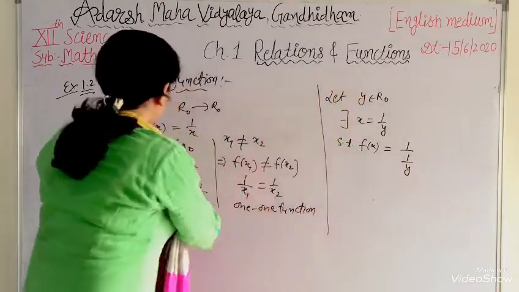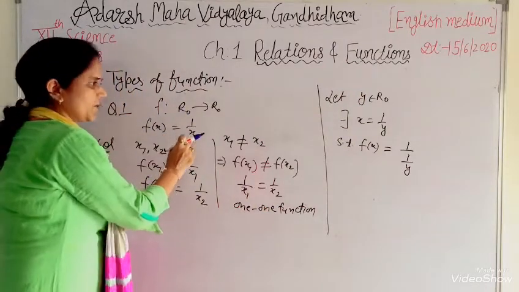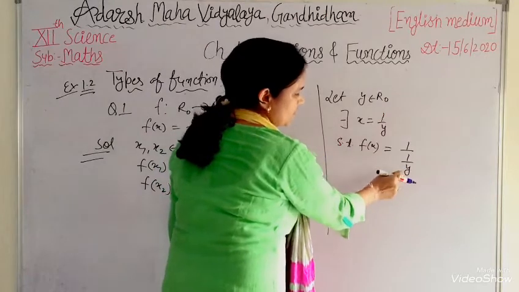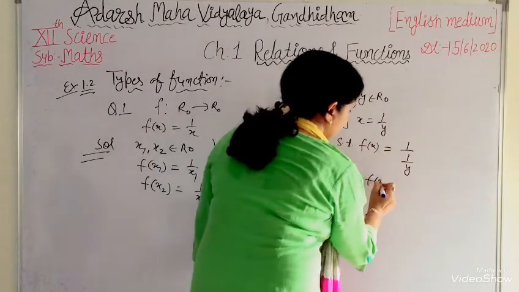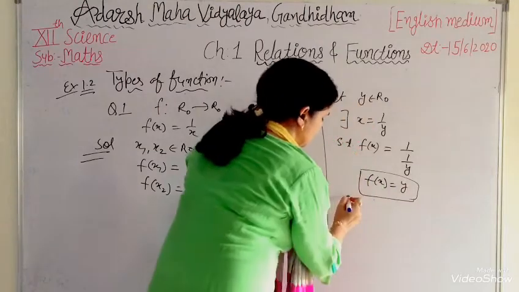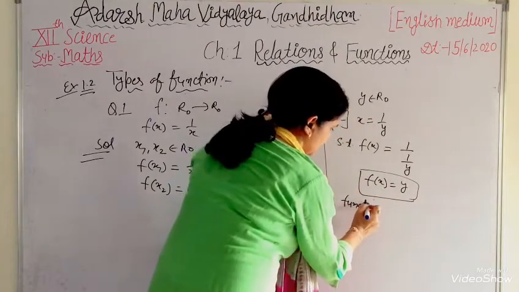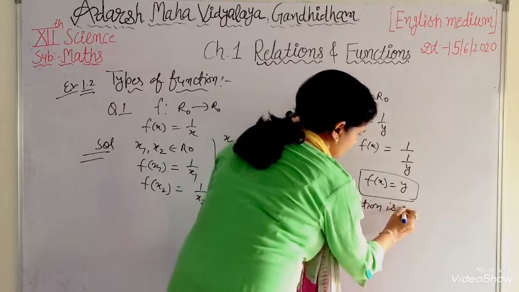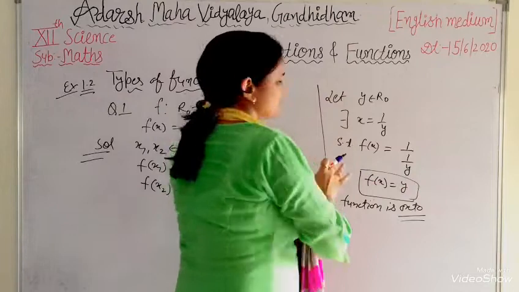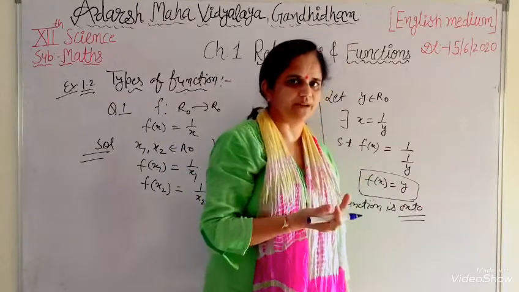Here, students, fx is defined as 1 upon x. Here in place of x you have to substitute 1 upon y and you will get fx is equal to y. It means function is onto. You can show this by taking different elements also.